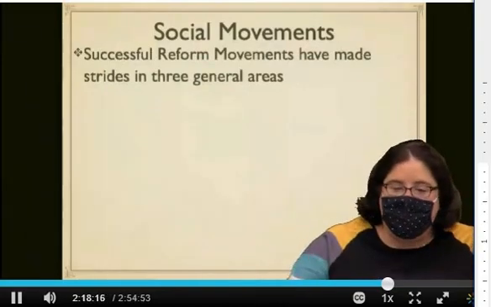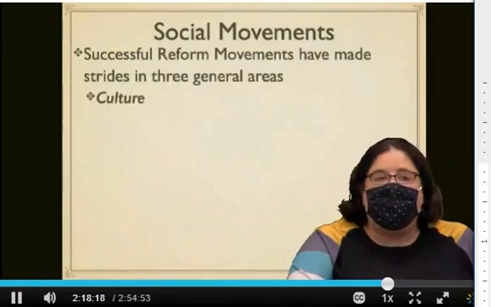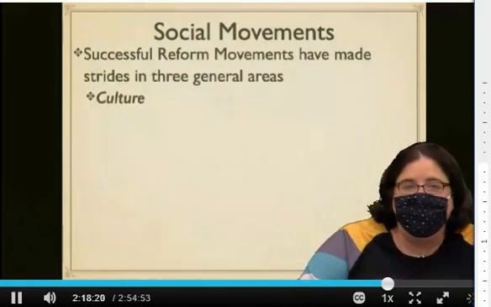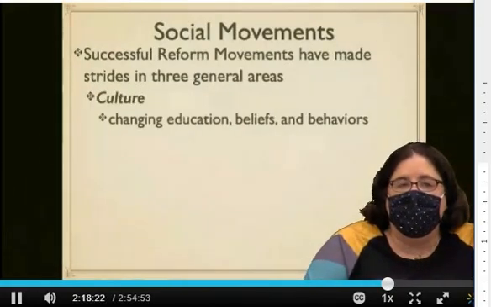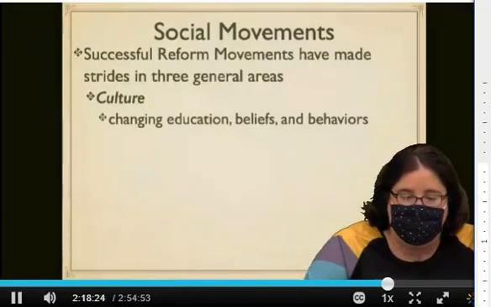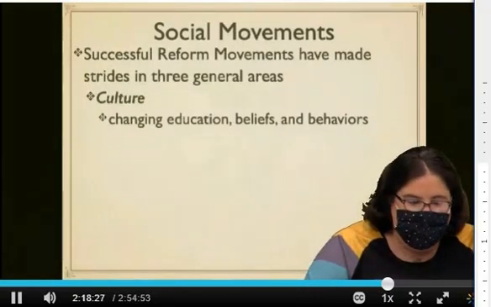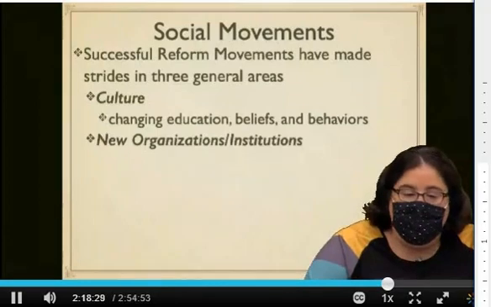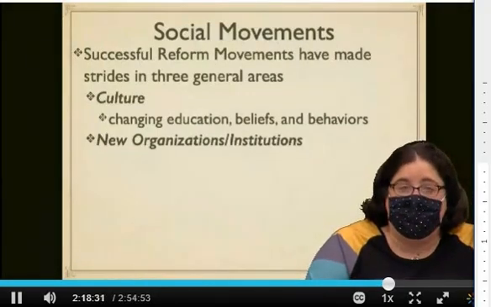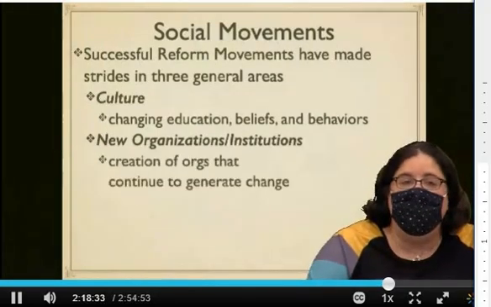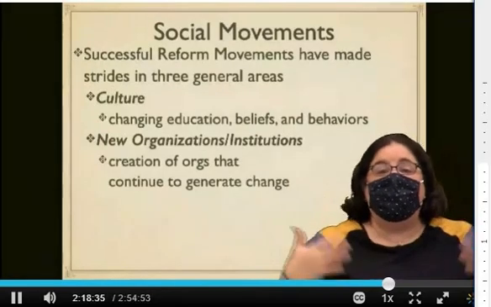And so in general, they make great strides in three general areas. Culture, usually through changing education, beliefs, or behaviors. New organizations and institutions, creating new organizations that continue to generate change.